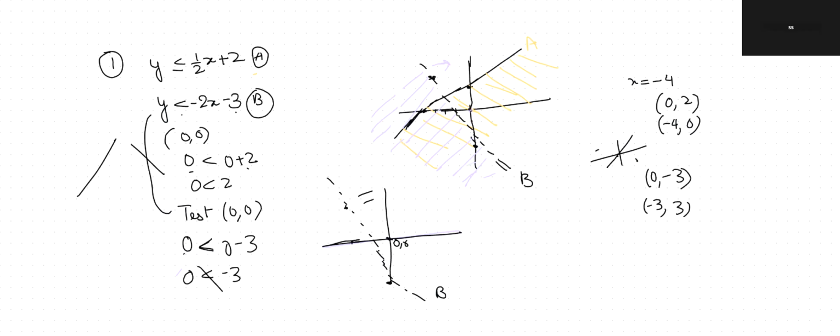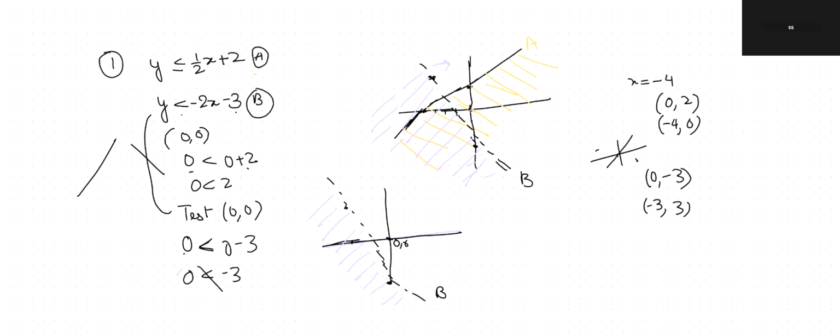Instead, we shade this part. So this side of the line is the solution for equation B.